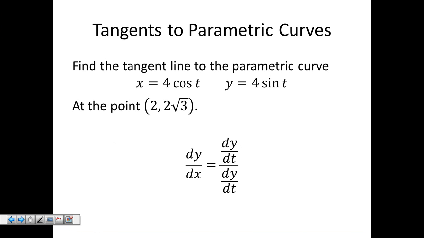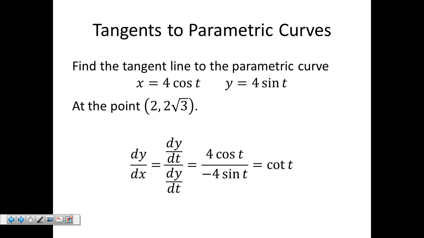So we've got a little bit of a trick here. Okay, this equation is really important later. dy over dx I can find by taking dy over dt, taking the derivative of that y equation with respect to t, and taking the derivative of x with respect to t, so that should be dx over dt down on the bottom, and then dividing.